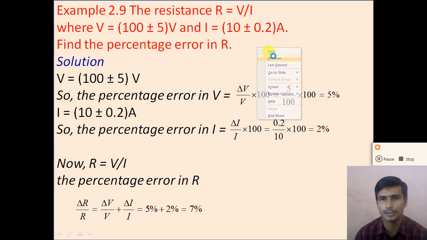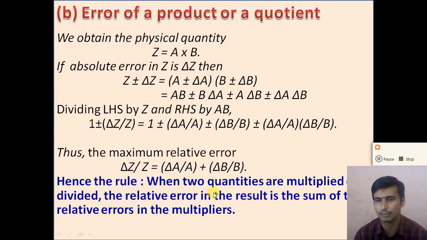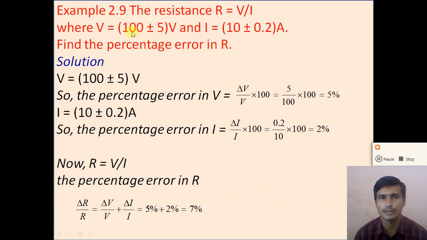As per the previous rule, we know that when two physical quantities are multiplied or divided, the maximum relative error, or we can say the percentage error also, in the final result is the sum of the individual relative errors or the individual percentage errors. Here, given V is equal to 100 plus minus 5 volt. 100 is the true value of V and 5 is the absolute error in V. So the percentage error in V, how can we calculate?